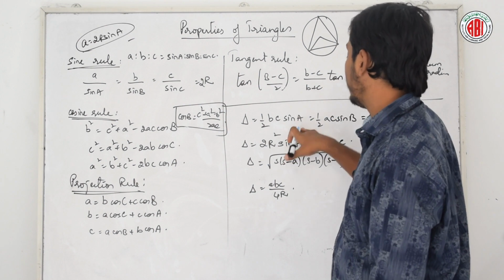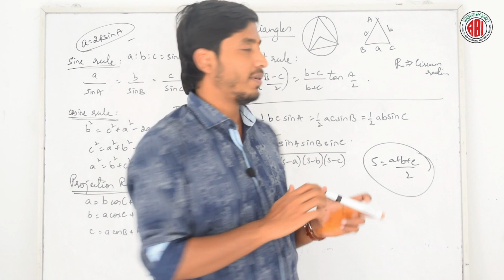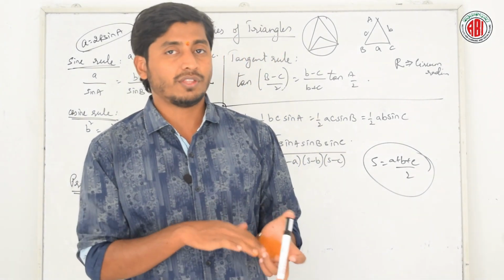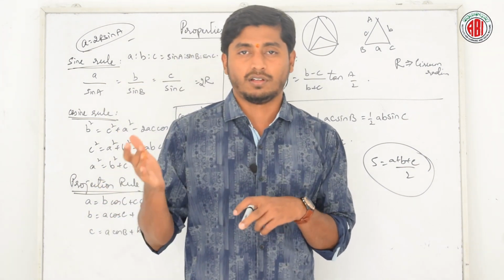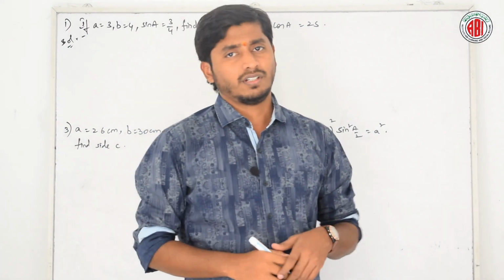Clear? And these are the different area formulas. Shall we do few problems on this formula? Okay. After doing those problems, we will move on to the next set of formulae. Clear? Fine. Let's start. Let us solve these problems.